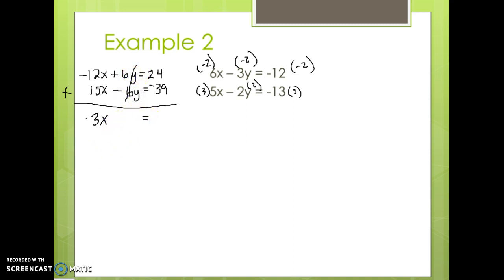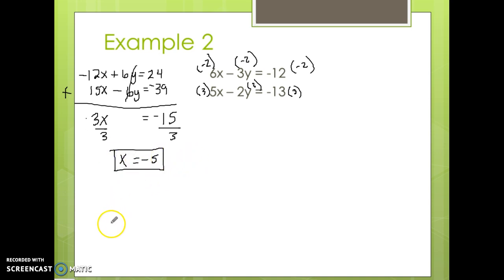And then 24 plus a negative 39. Since they have opposite signs, you could subtract 39 minus 24. Since there are more negatives, my answer is going to be negative, and that equals a negative 15. So we have the equation 3x equals negative 15. Divide by 3 on both sides, and you get x equals negative 5.